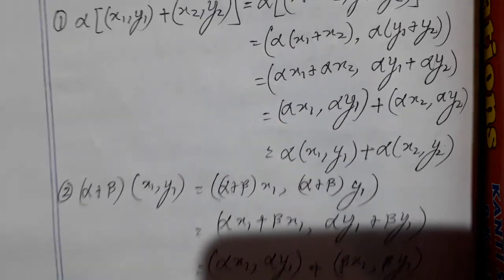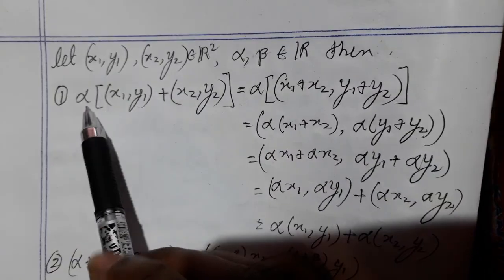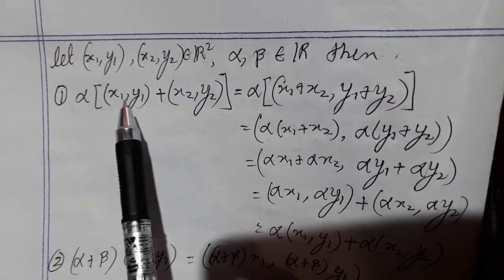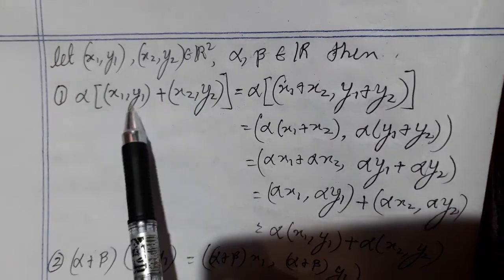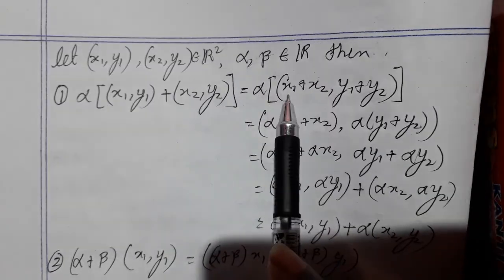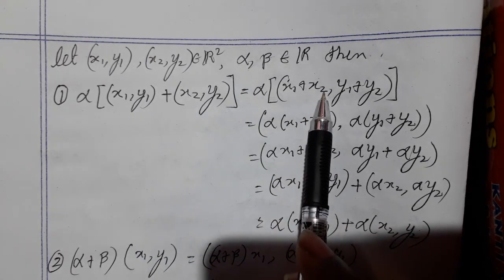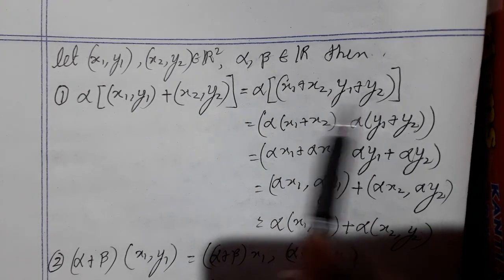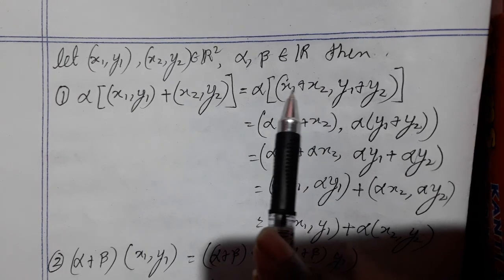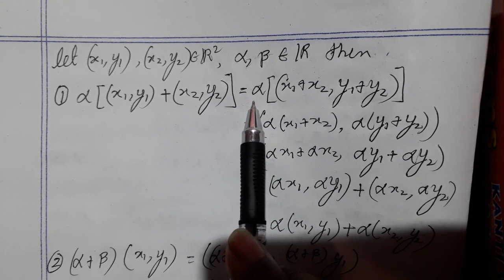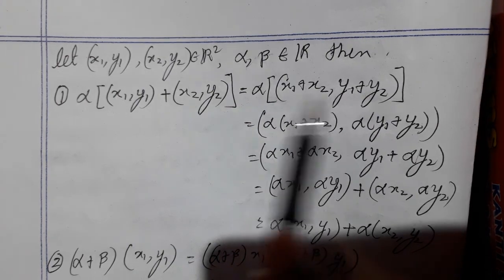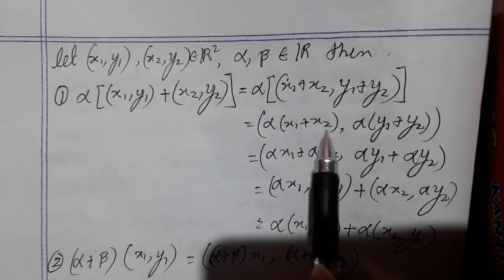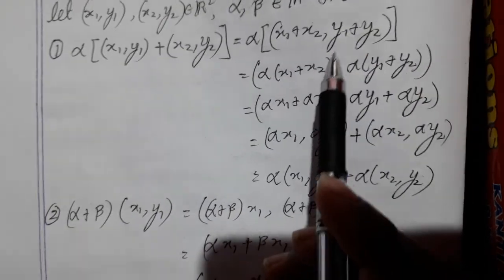So I'm taking here alpha times (x1, y1 plus x2, y2). So we are going to add this one: x1 plus x2 comma y1 plus y2, adding coordinate wise. Now using the second definition, I'll multiply to each coordinate. So alpha(x1 plus x2), alpha(y1 plus y2).